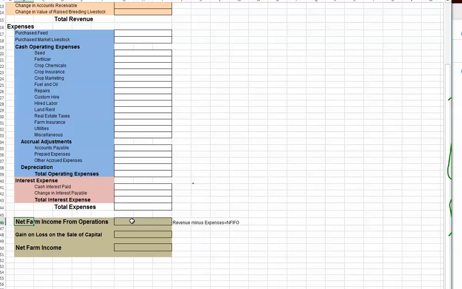Think of it like this. What if you had net farm income from operations for 4 or 5 years, and just suppose those numbers were somewhere in the neighborhood of $85,000. Maybe 81 one year, 85, maybe 92, maybe 78, but they were pretty consistent. And all of a sudden one year you come down here and for some reason you sold $300,000 worth of land, and that was the gain on that.